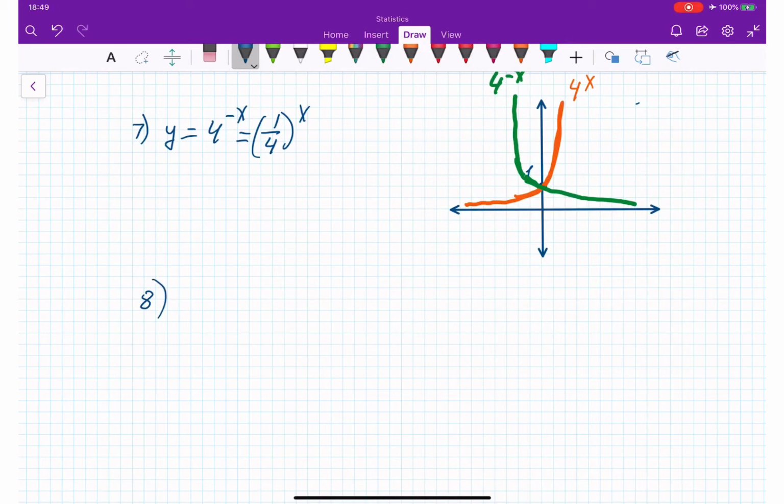So f of x is equal to 2 to power x minus 2. Okay, let's see how we're going to work with this. So first, I'm going to build 2 to power x. This I'm going to build, okay?